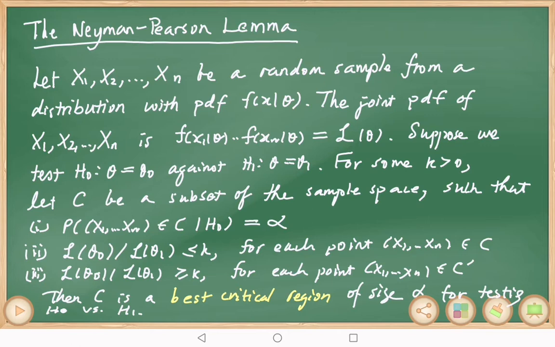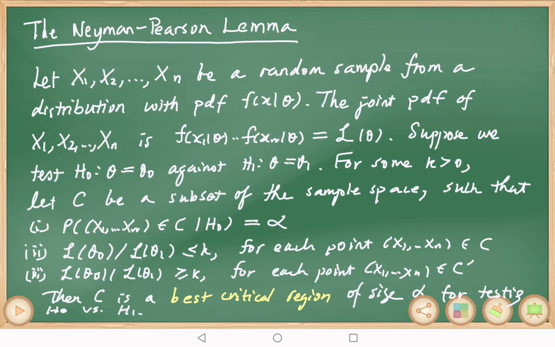And this best critical region is best for testing a simple null hypothesis against another simple alternative hypothesis. All right, so to begin, we just go through the lemma. So the lemma says the following. Let X1, X2, until Xn be a random sample of size n from a distribution with probability density function f(x; theta), so theta is the parameter of the model.